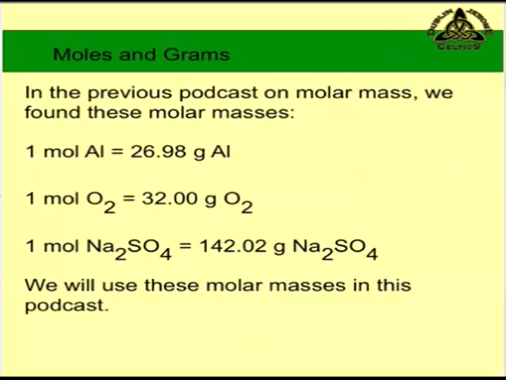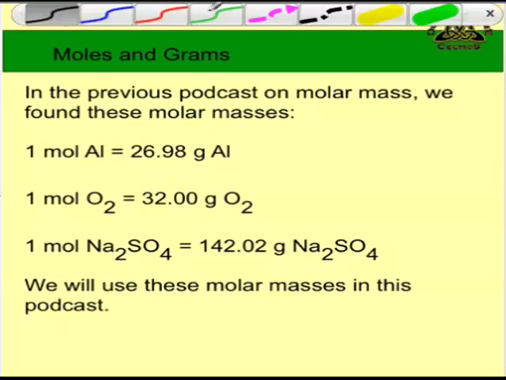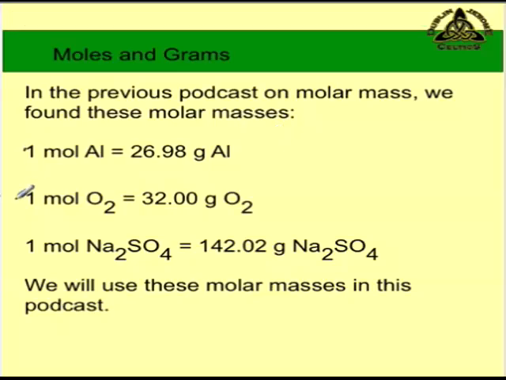In the previous podcast on molar mass, we found these molar masses. You want to write these 3 relationships in your notes because we will use these molar masses as this podcast progresses.